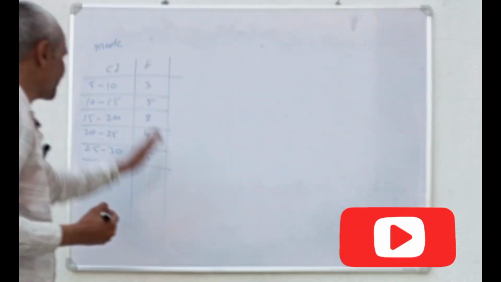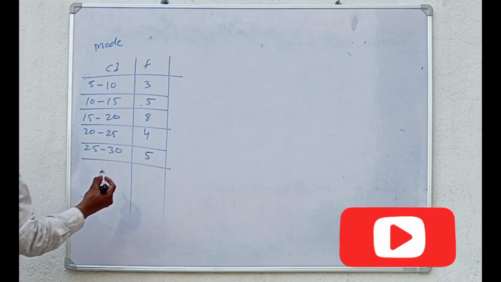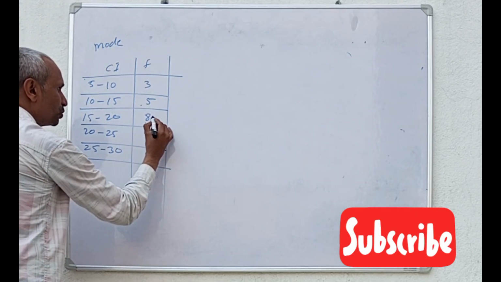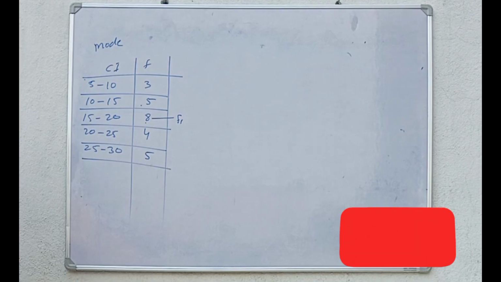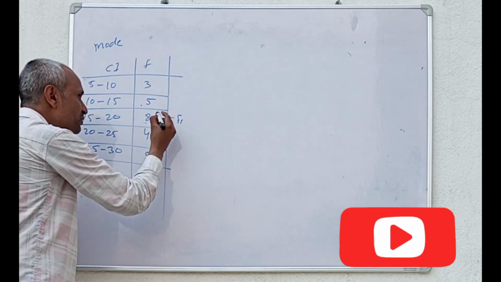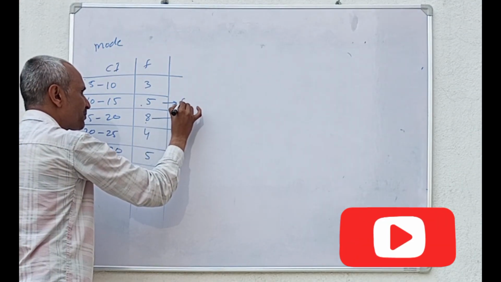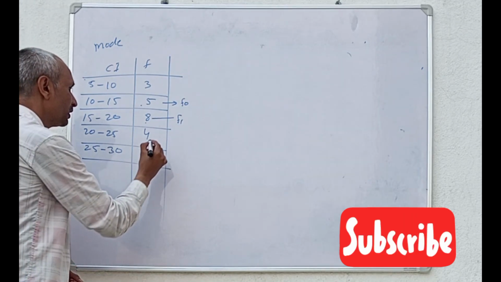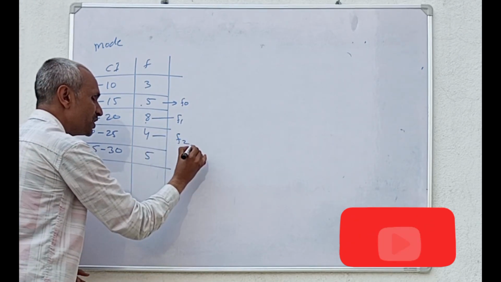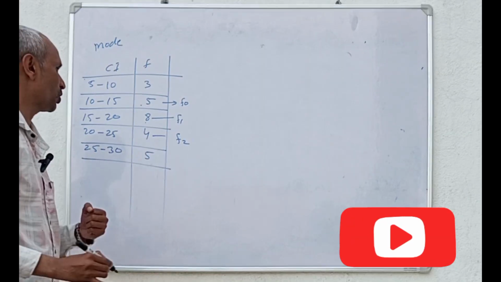First of all, which is the highest frequency? You know the highest frequency is 8. So this will become F1, the modal frequency. Just above that one is F0, the preceding modal frequency. Just below that is F2, the succeeding modal frequency.